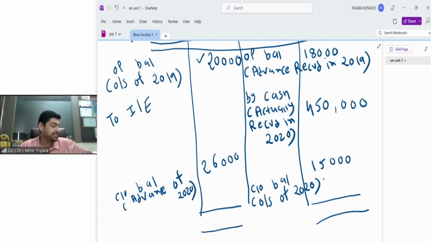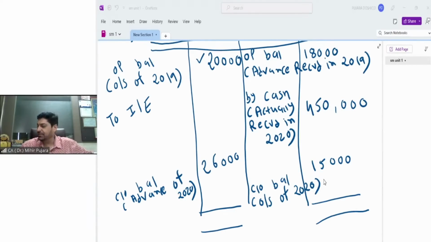Can we find out the balancing figure now? Thank you, Rohani. Dear Shivam, from this 450 you received, but in this 450, 20,000 is of previous year.